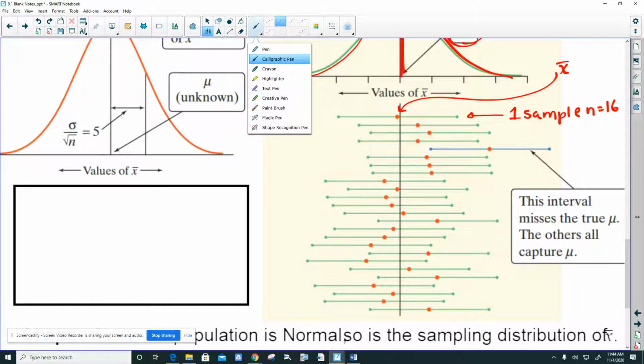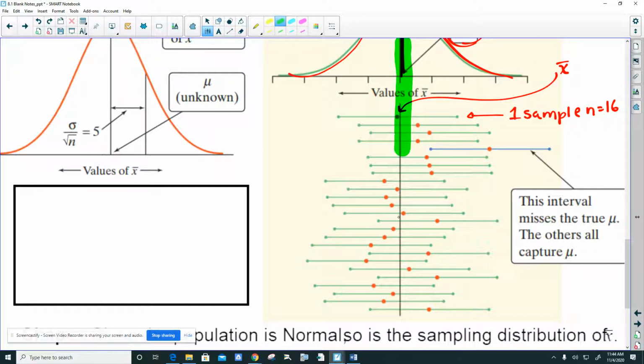Now the black segment running down the middle, you'll notice that's right in line vertically with where we're saying the center of the sampling distribution is, which is where the true location of the population mean, mu, is. And so what we're after is looking at each of these segments. These are all different samples of size 16, and for each one, we've constructed a 95% confidence interval.